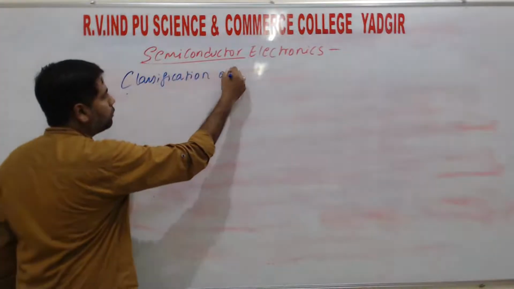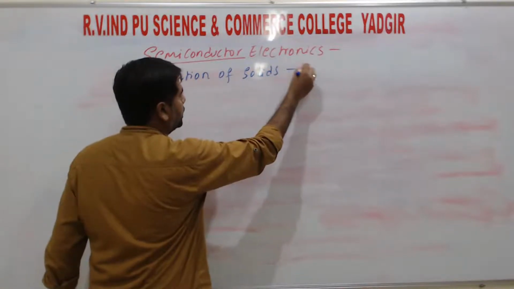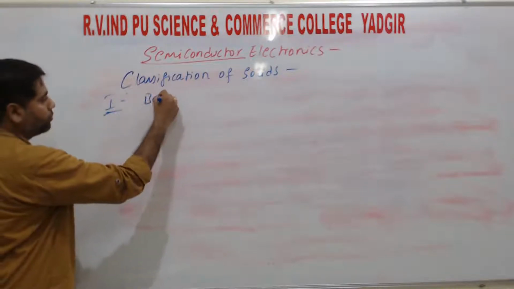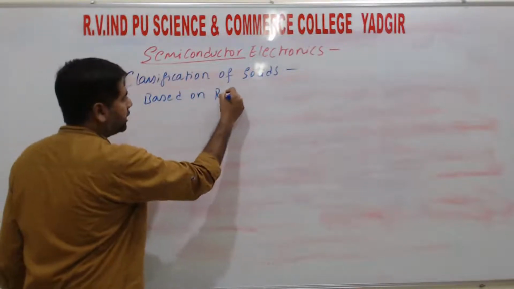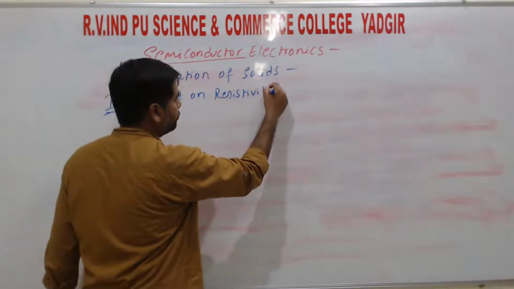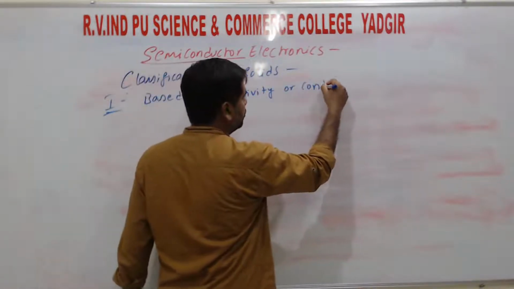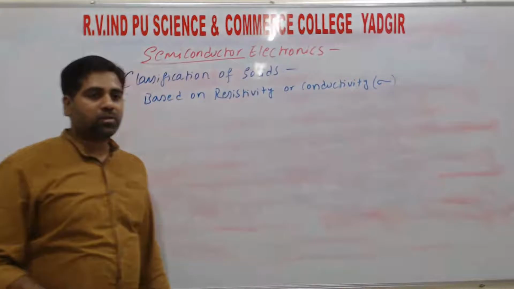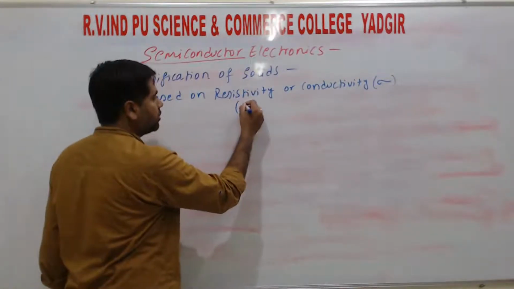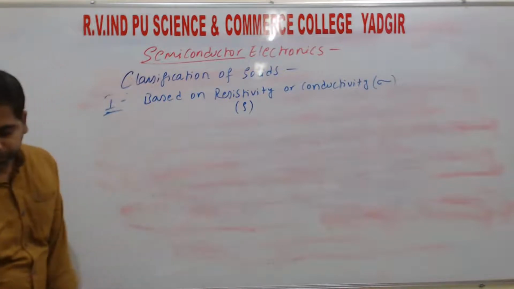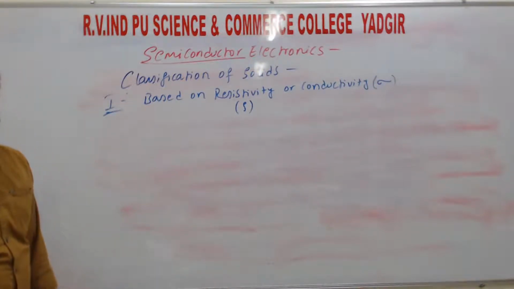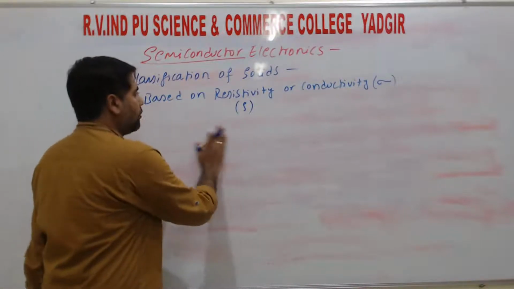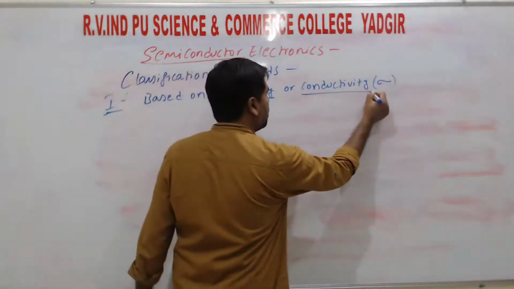Classification of solids is based on resistivity or conductivity. Conductivity is denoted by the symbol sigma and resistivity is denoted by the symbol rho.